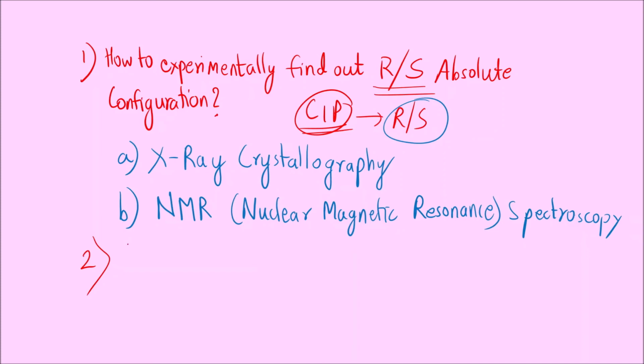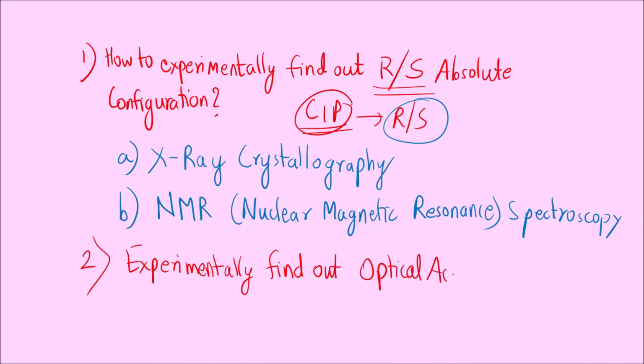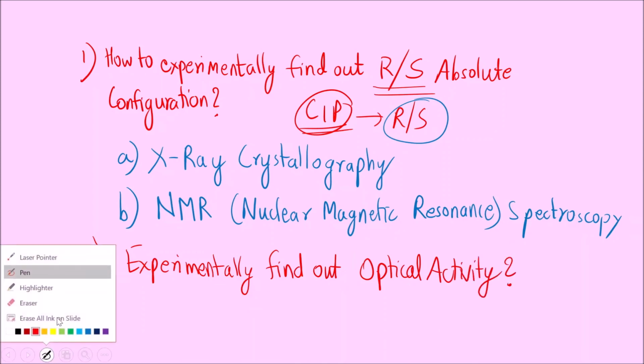Now the second question is how to experimentally find out, suppose I give you any sample and I don't give you the structure, the optical activity of the compound, whether the compound is optically active or inactive.